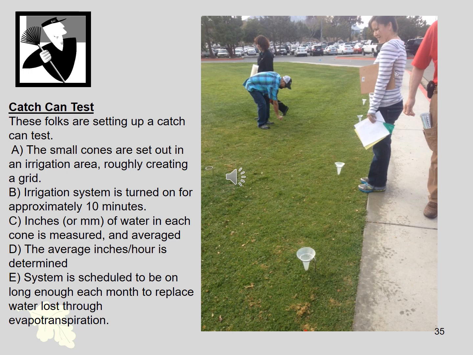And then you schedule that system on to be the proper amount of time per week or month to apply the amount of water that you know from weather stations is lost due to evapotranspiration in that particular month. So you dial in those 2 things: your irrigation system to apply the amount of water that you know from weather data is lost through evapotranspiration.